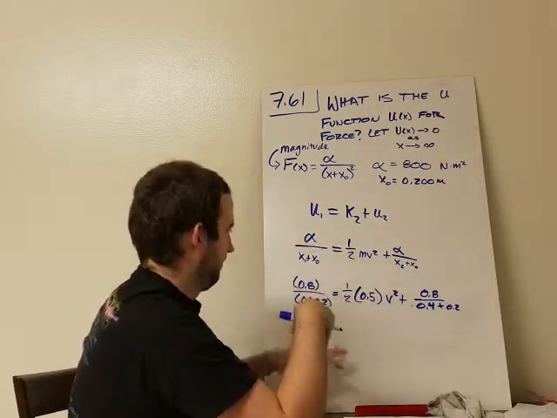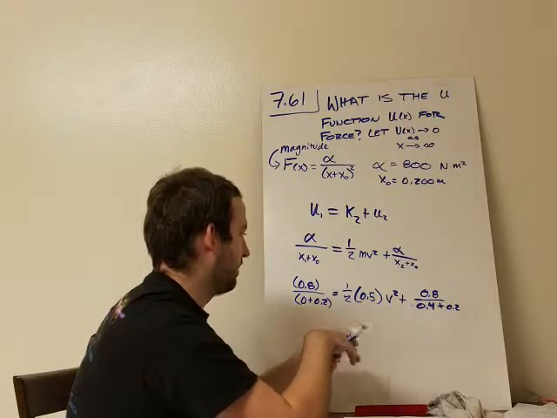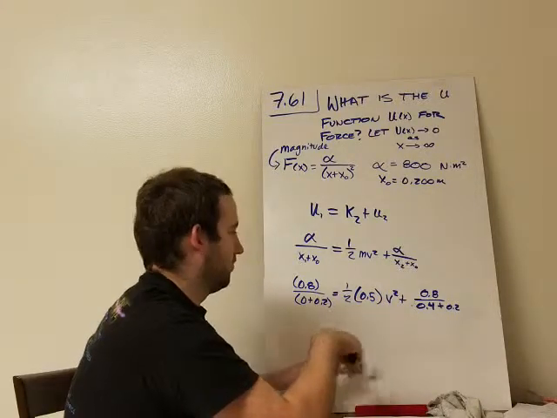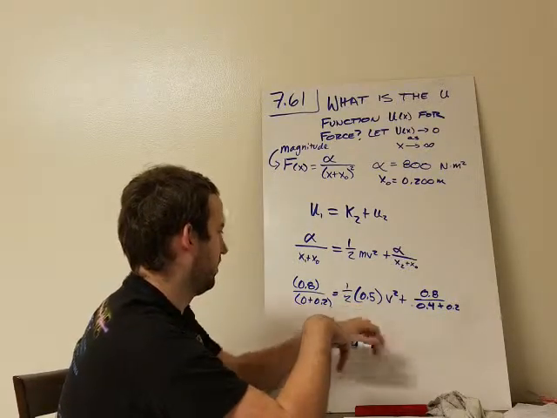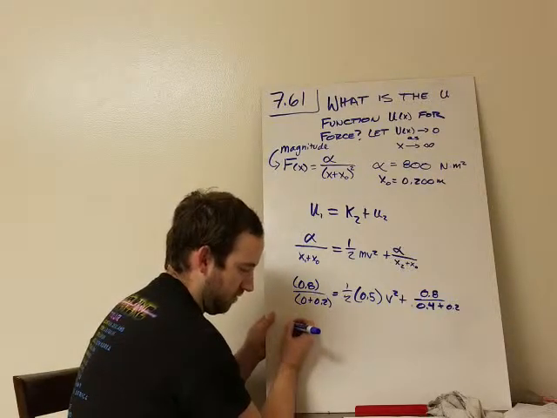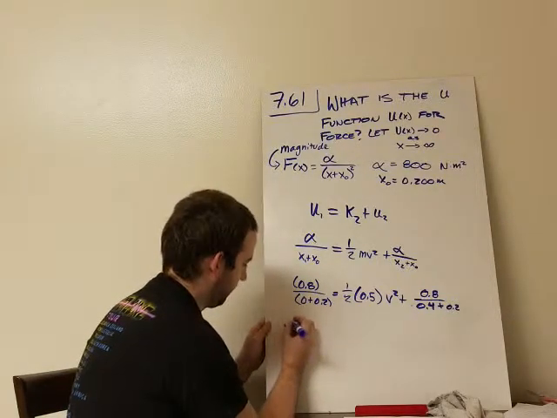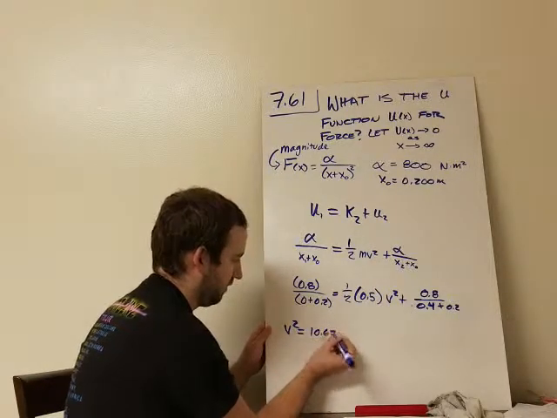And then all we need to do is isolate v squared. We'll subtract this over and then divide everything by this to get v squared. That ends up being v squared equals 10.67.